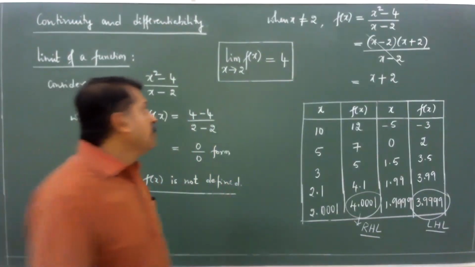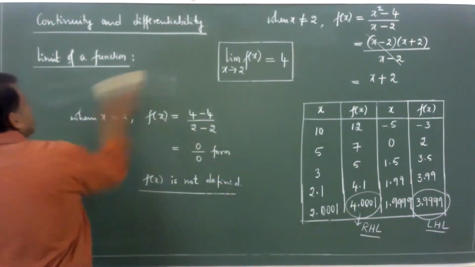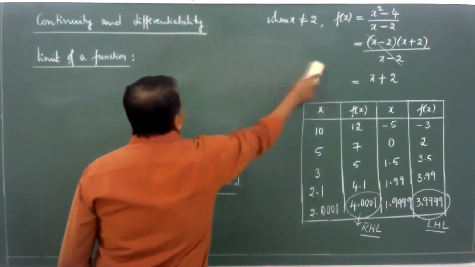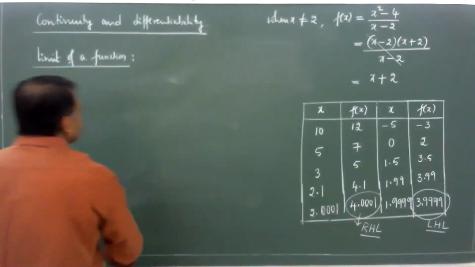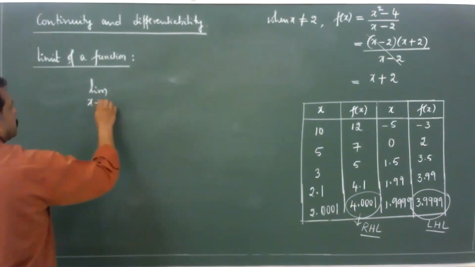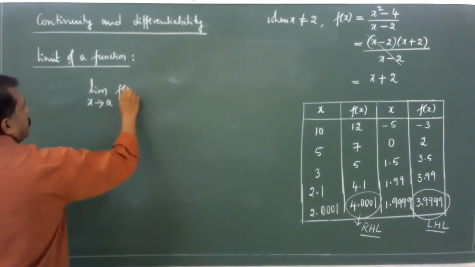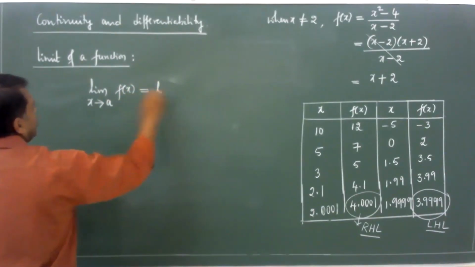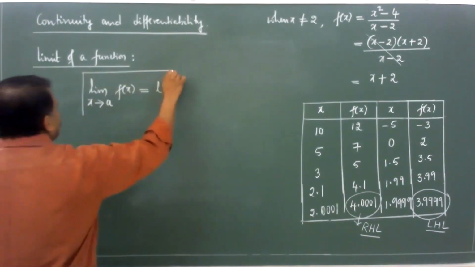In general, we denote the limit. Suppose a general function is taken, f of x. We write it as limit x tends to a, f of x is equal to L. What is the meaning of this?